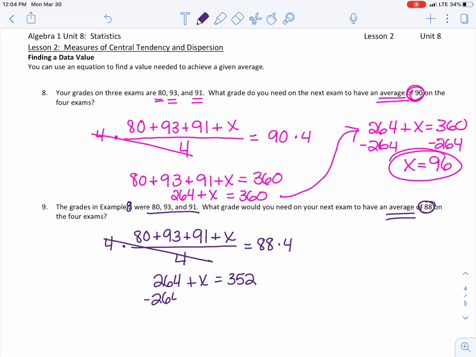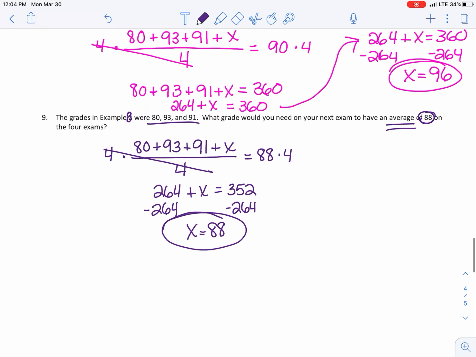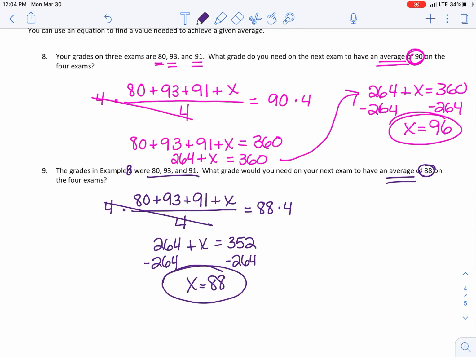Okay, and then I can go ahead and subtract the 264 on both sides. And I get X equals 88, which means in order to have an average of 88, I have to get an 88 on the next test. Okay, I think that's it for this lesson.